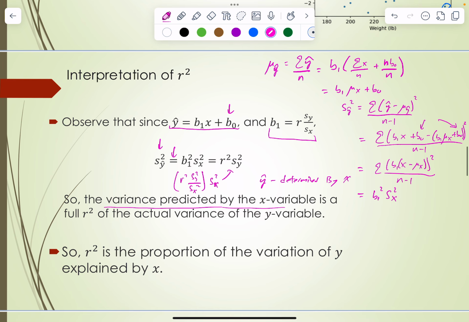So y hat represents the variance predicted by the x variable.